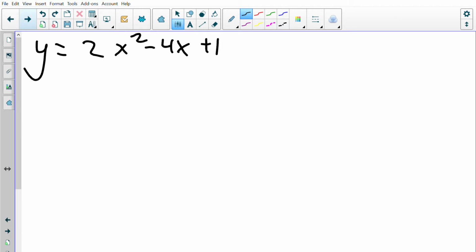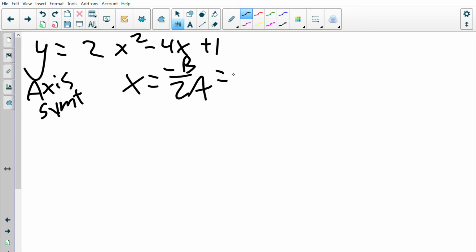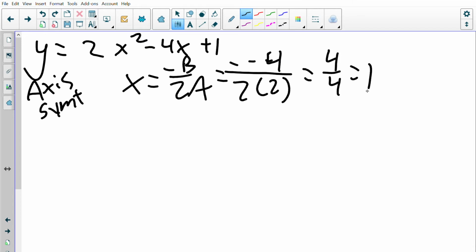This is called standard form. To get our vertex out of it, we have to first find the axis of symmetry, and that is x equals negative b over 2a. So for this example, it would be negative 4 over 2a, which is 4 over 4, or 1.